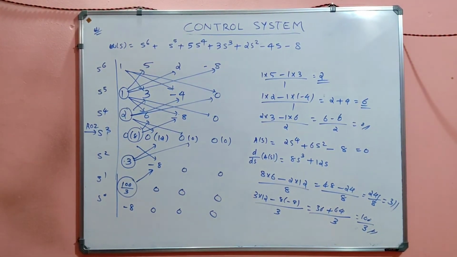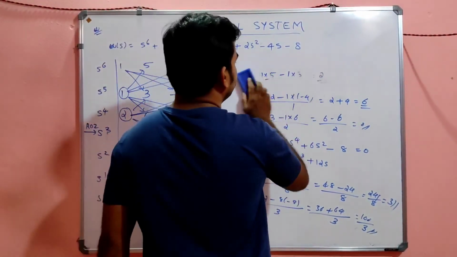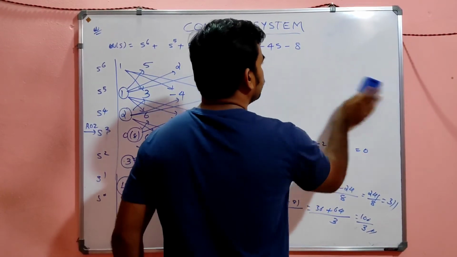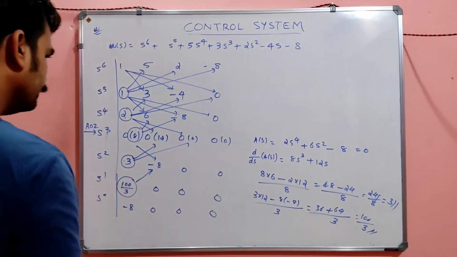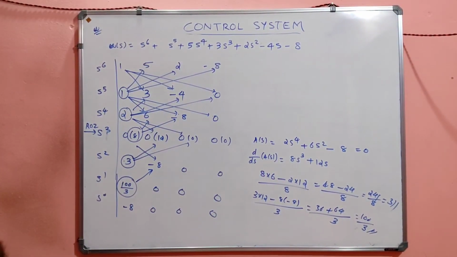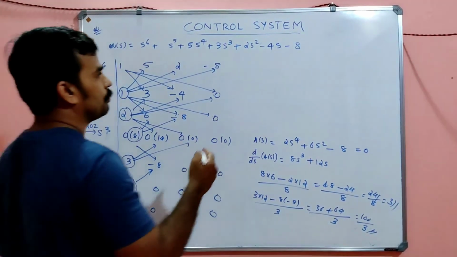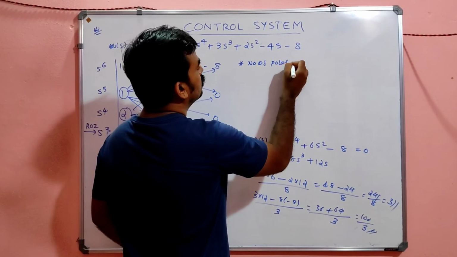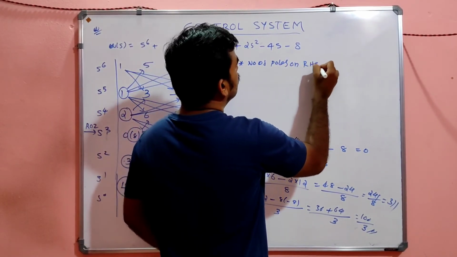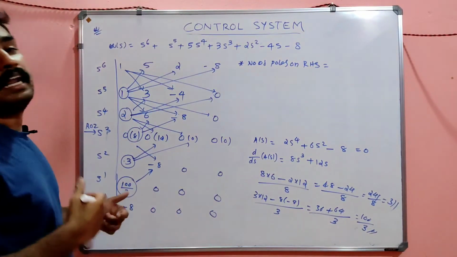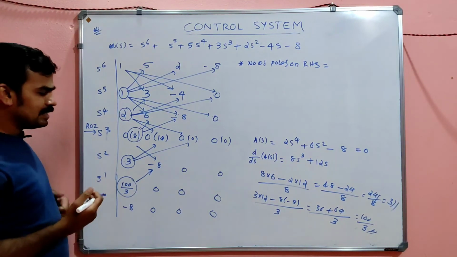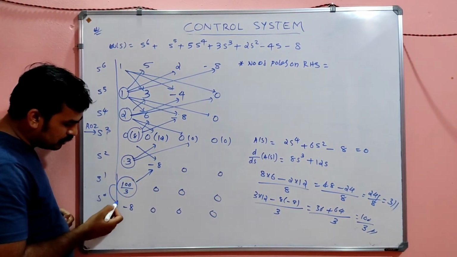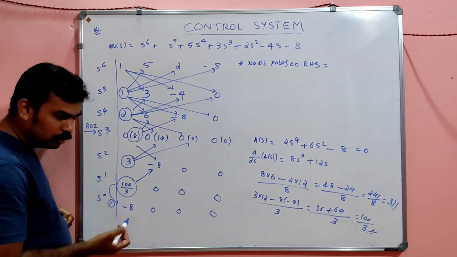So can you tell me the number of poles on the RHS equal to what, my dear? Number of sign changes. How many sign changes are here? Just from this to this, only one sign change. Bottom, no number.